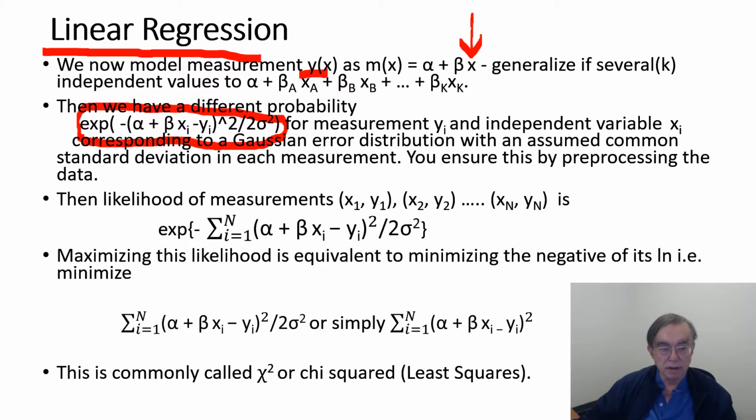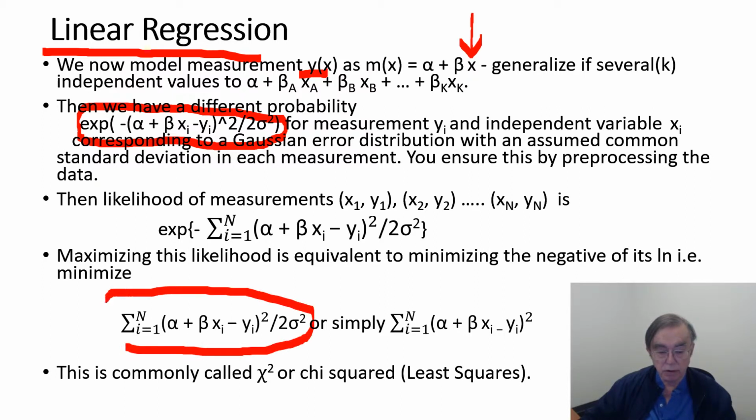Typically, those errors are distributed Gaussianly, and so you end up with something like this: alpha plus beta x minus y all squared over twice the standard deviation squared. And here you see that if you take these exponentials and multiply them together, you get a sum inside the exponential. Then when you take the negative of the log, you just get this very simple form, which is always called chi-squared.